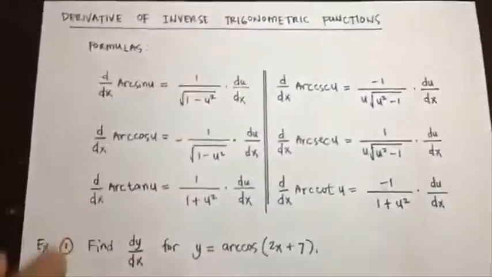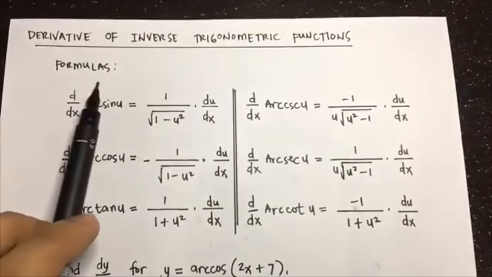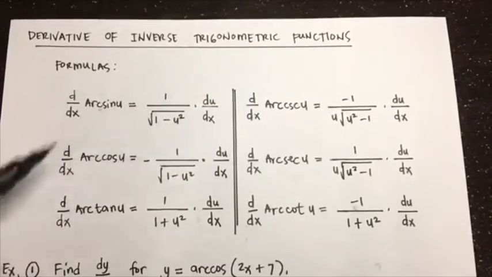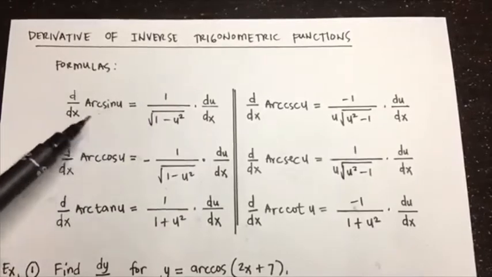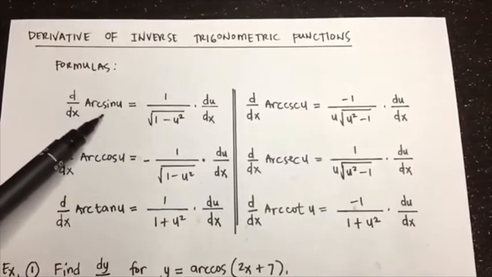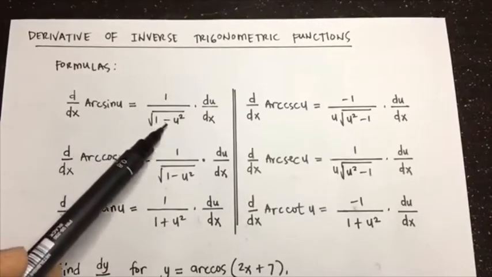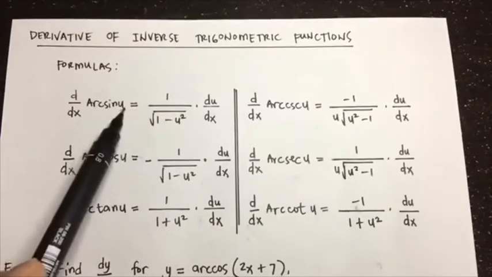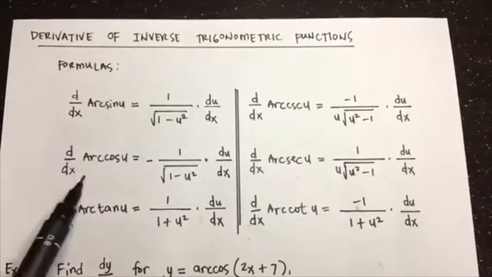For the derivatives of inverse trigonometric functions, all we need to do is memorize these formulas for the 6 trigonometric functions. The derivative of arcsine of u is equal to 1 over square root of 1 minus u squared multiplied by the derivative of u with respect to x, where u is any arbitrary function of x that can be differentiated.